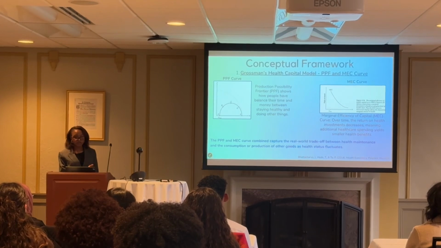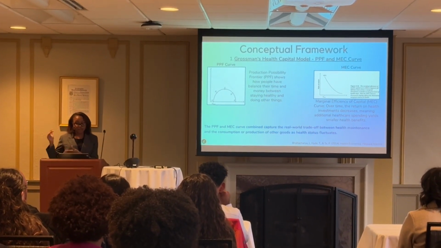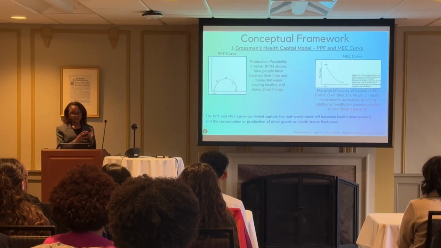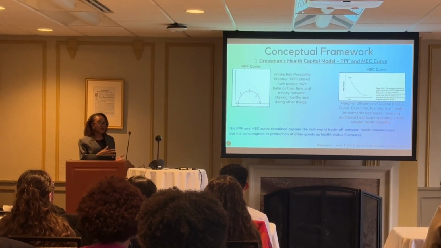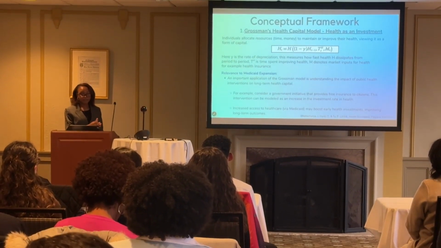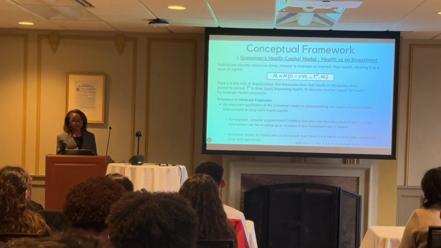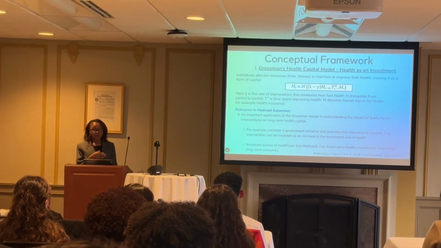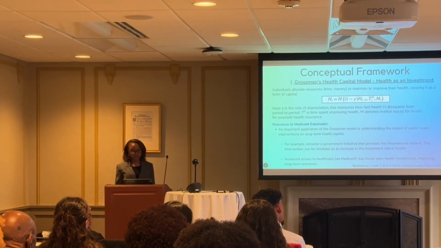And together, these models are conveying that early and consistent access to care prevents future negative healthcare outcomes, thus preventing the associated healthcare costs and utilizations that these outcomes would have. And this is an equation from Grossman's model on investment in health, where health is a function of the depreciation of health, time spent improving health, M denoting market inputs for health.